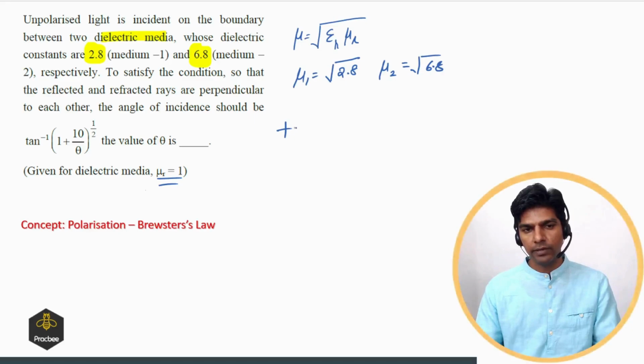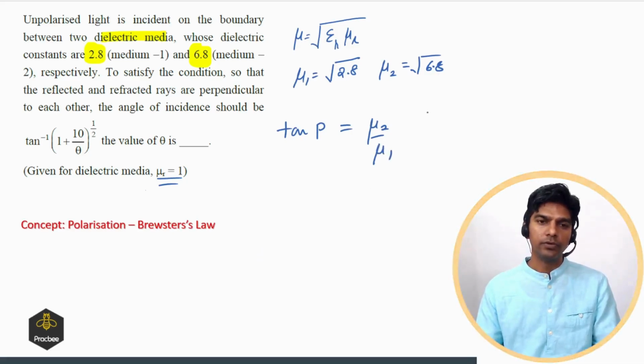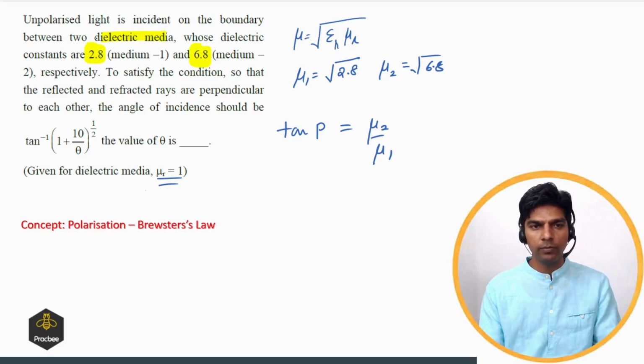So we know that tan of the polarizing angle will be mu 2 by mu 1. Mu 2 is the refractive index of the medium of refraction, and mu 1 is the refractive index of the medium of incidence. So light is incident on the boundary between two media, and to satisfy this condition, the reflected ray is perpendicular to the refracted ray, right.